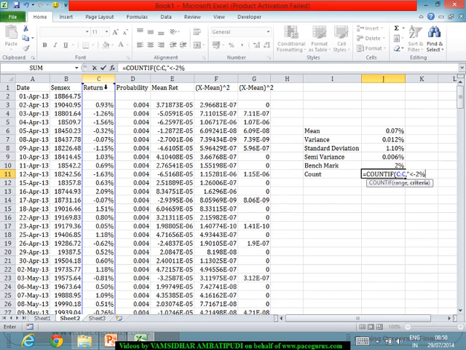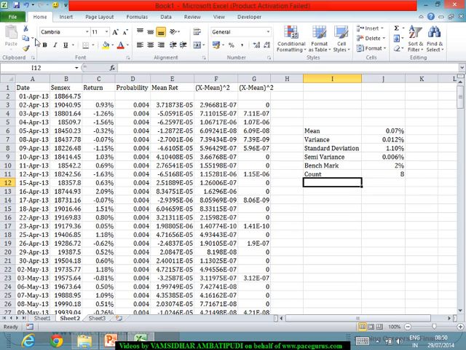If I am seeing there are 8 such values whose return is less than minus 2%, then I can call the shortfall probability 8 out of the total.